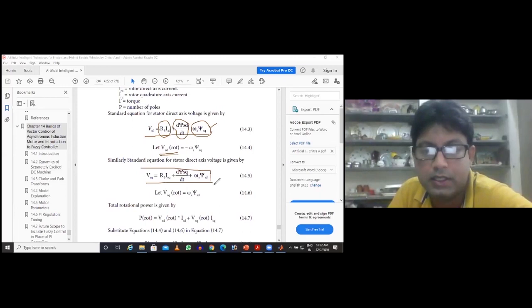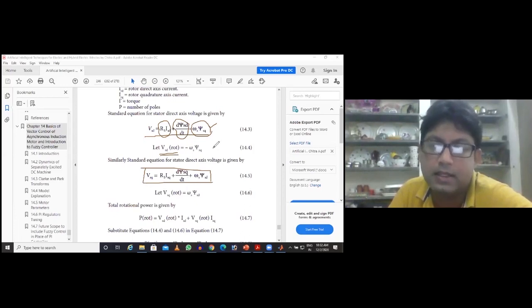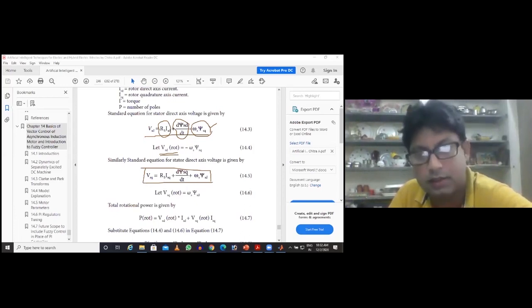It will be very clear. This equation is a Kirchhoff's voltage law in a loop, and the signs are based on the polarity. You can very easily understand. So in quadrature axis, similarly, the rotational voltage is this one. So this is your rotational voltage. Now the rotational power, you know, power is equal to voltage into current.